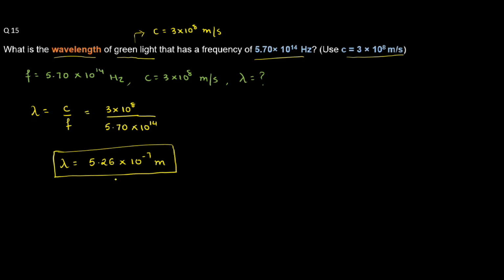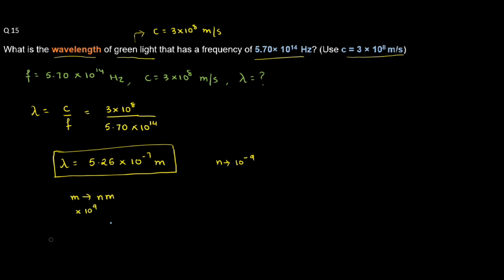Sometimes they ask you to convert this wavelength from meter to nanometer. A nanometer is a prefix which has a power of 10 to the power negative 9. If I want to convert from meter to nanometer, just multiply your value in meter by 10 to the power 9, and you will get the value of lambda in nanometer.